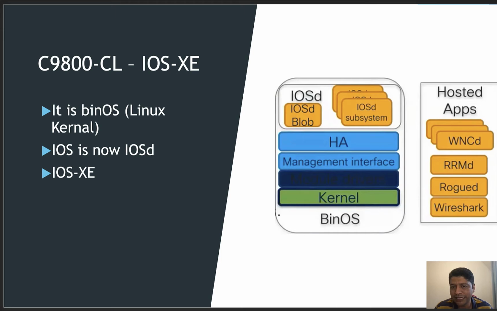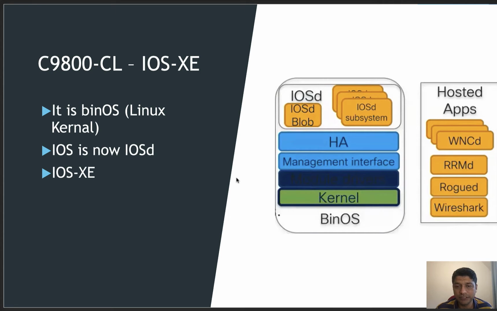But IOS XE is just like a process, or just like a daemon, which is running on top of your BinOS. It's a daemon running on your Linux kernel, and that's why it is no more coming as one single software. It comes as multiple packages.